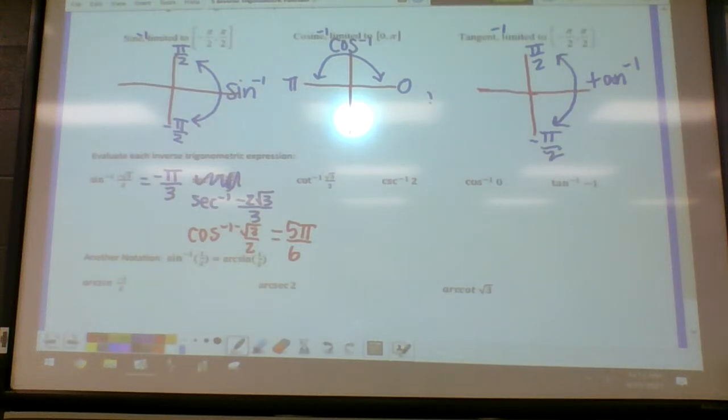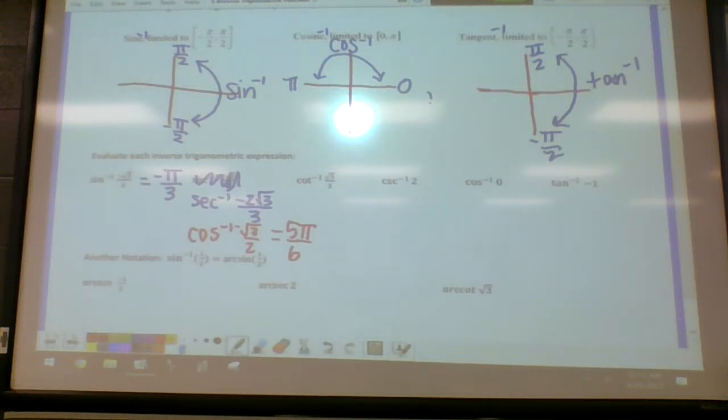All right, cotangent inverse, square root of 3 over 3. So remember, cotangent is cosine over sine, right? And so to get square root of 3 over 3, the cosine, the number on the top, had to be 1/2, right? Looking at this chart, so 1/2. So where is the cosine of half?